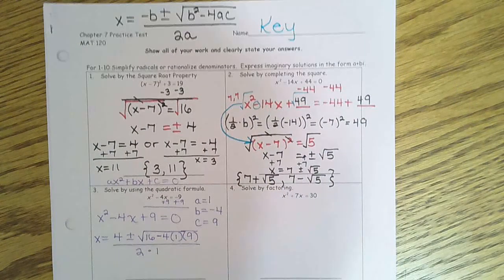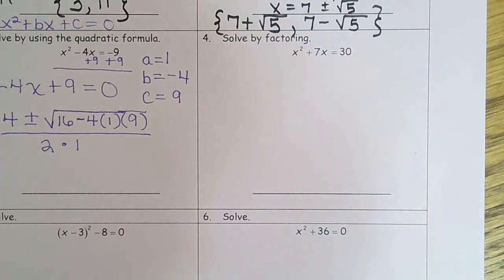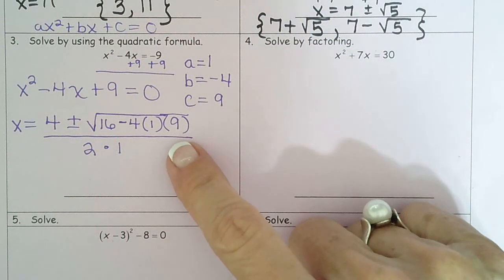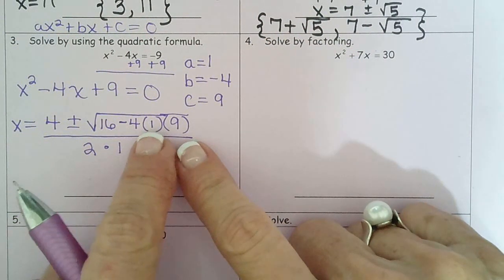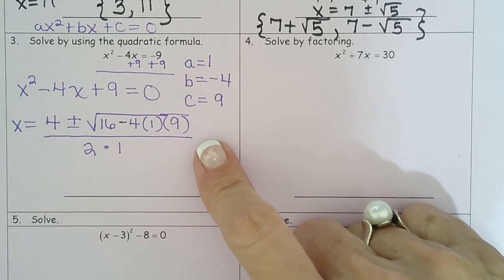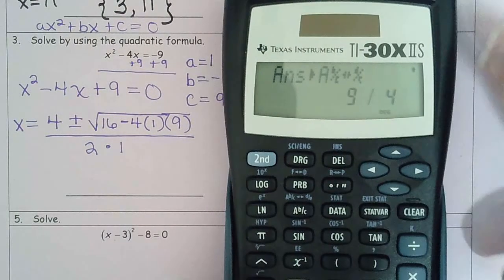Okay, so I'm going to move this up. So now the other big hint I gave you on this one is don't do this in your head. Do this part on the calculator, because 99.9% of the time, this is where students make mistakes. So let's go ahead and type that in.